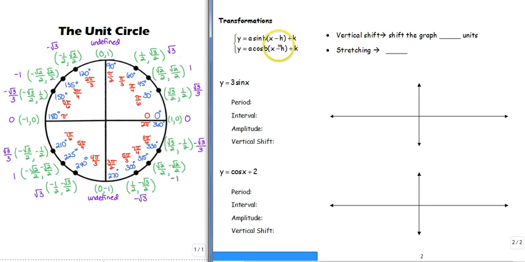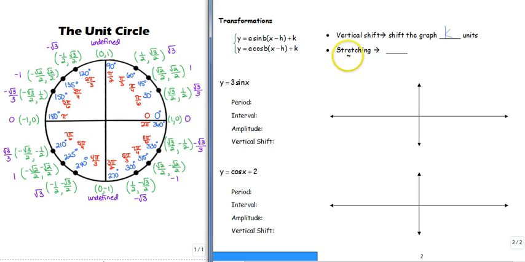Now we have other shifts, vertical shift and horizontal shift. You have minus h. Remember, anything inside of parentheses is going to go the opposite direction, and plus k. Inside is always horizontal, outside is always vertical. So your vertical shift is going to shift the graph k units. So that's going to be your vertical shifting.